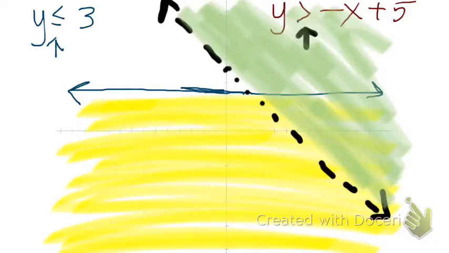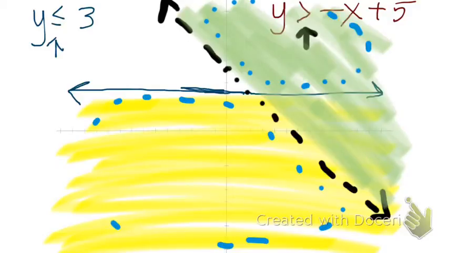Now, what you need to recognize is where the actual solutions are to this set of inequalities. Notice that this region here is just yellow. Notice this region here is just green.